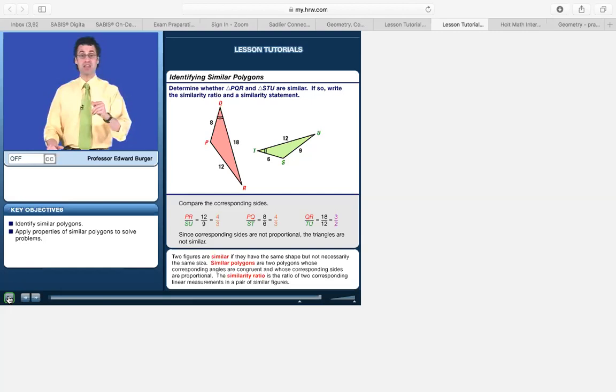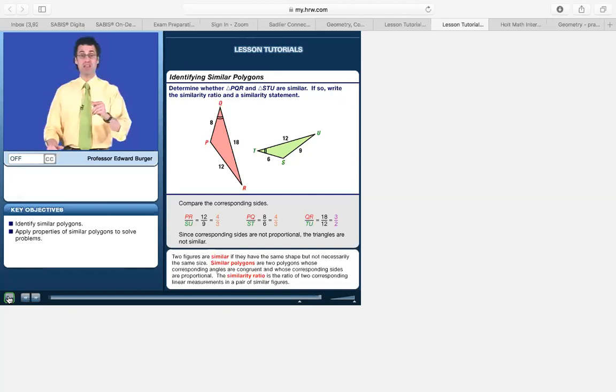For example, there are 2 congruent angles, which are Q and T. What are the corresponding sides for Q and T? PR and US. So it will be 12 over 9.